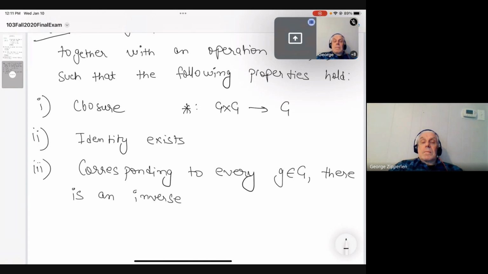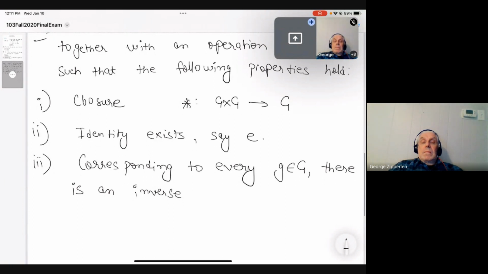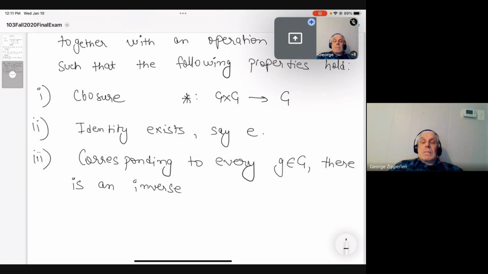And let's give this identity a name, say small e. Like we had 0, so let's just give this a name, small e. So there is an inverse, and let's give this inverse also a name. Let me call it z inverse. Okay. And then also star is associative.